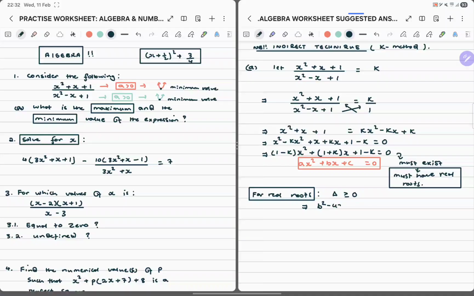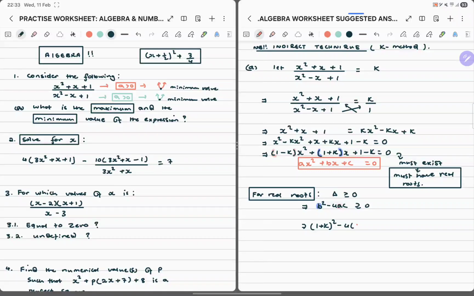B squared minus 4AC must be greater than or equal to 0. This implies B, remember B is the coefficient of x. So this is going to be (1 plus k) all squared minus 4. Now what is A here? A is the coefficient of x squared.